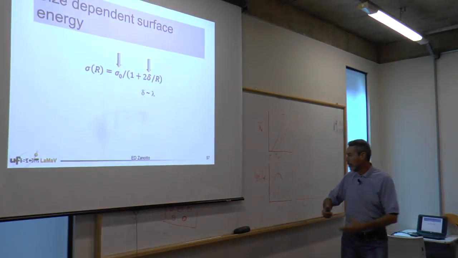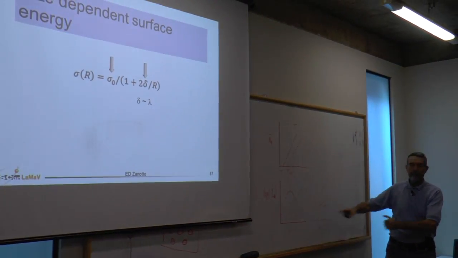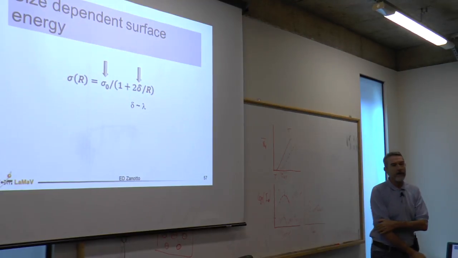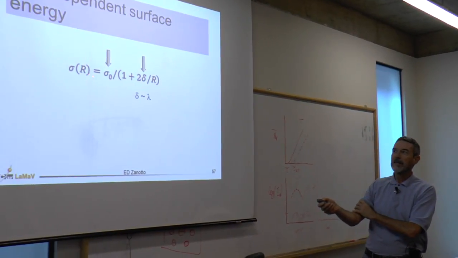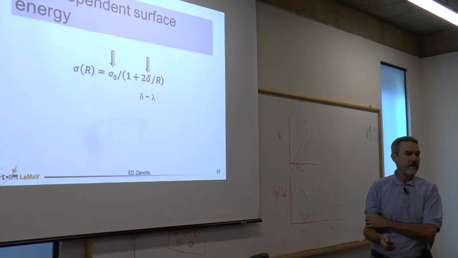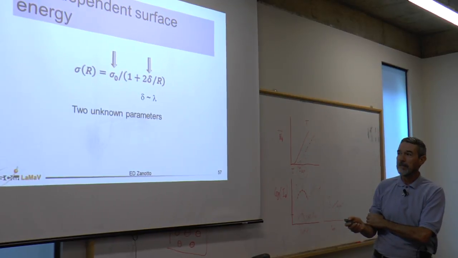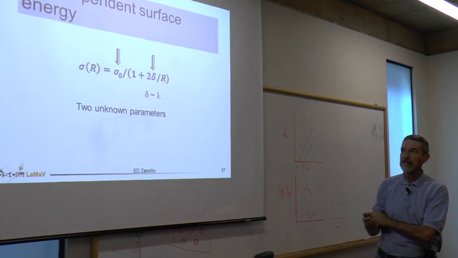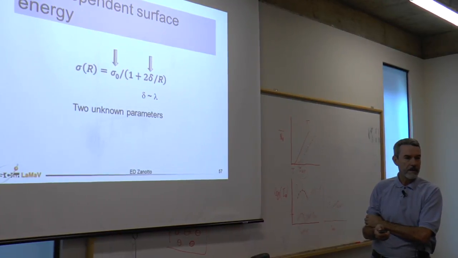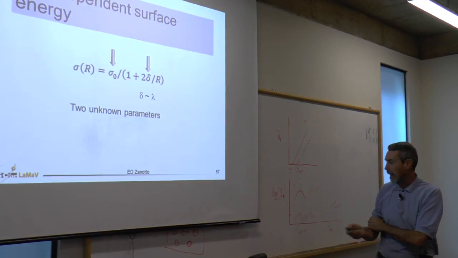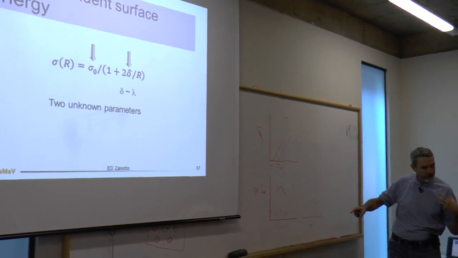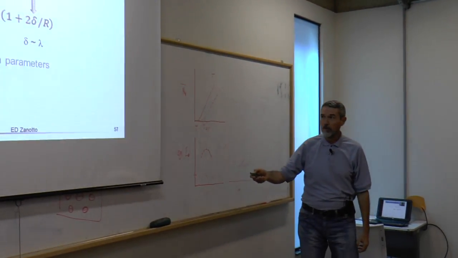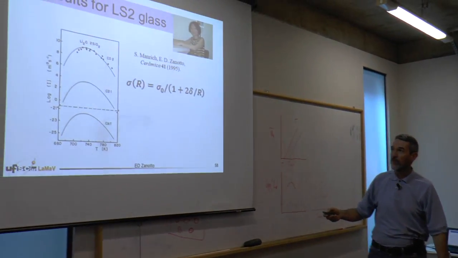So instead of doing a temperature dependence of sigma, we can calculate a size dependence of sigma, but the result is the same. Same result as we get with this force fit. Now with two parameters, we can force fit.